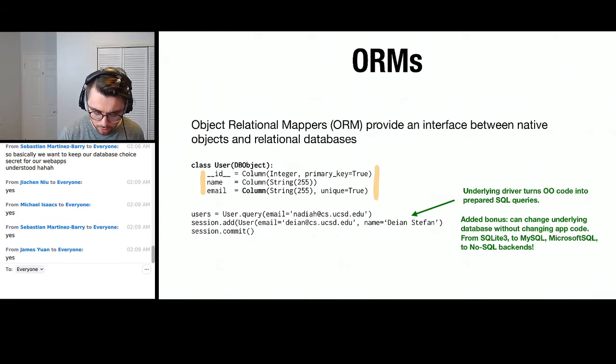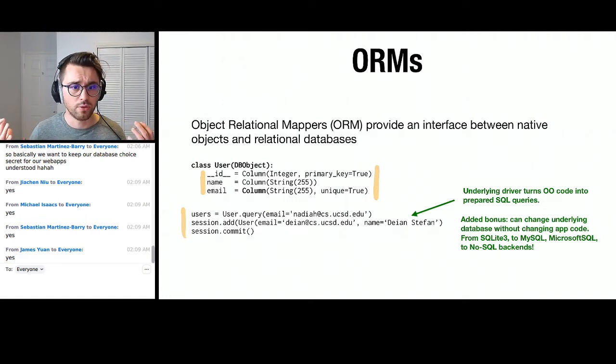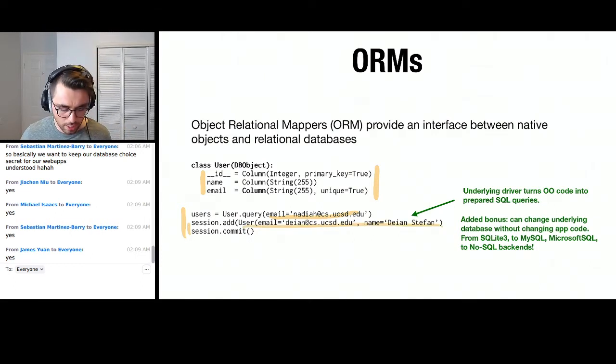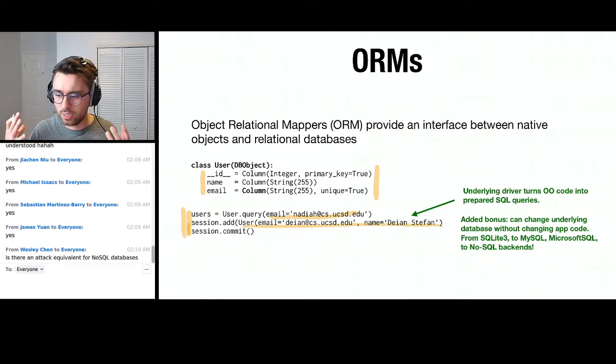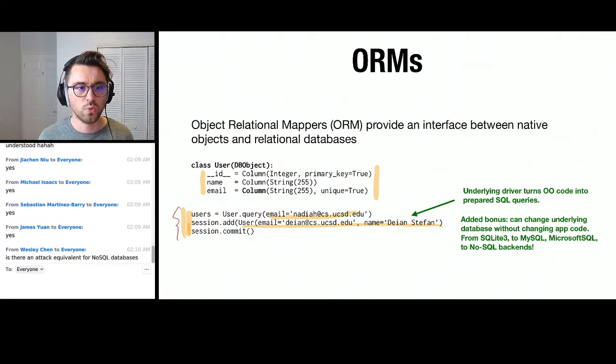And then the way we interact with the database is the way we would with a normal object, right? So you just say user.query, and then you can say, hey, look up something with this particular email, or you can say add users, where say the user has this email address and that particular name, and then you can commit. So it's essentially an object-oriented interface. And then this ORM underneath the hood converts everything here into the database query.